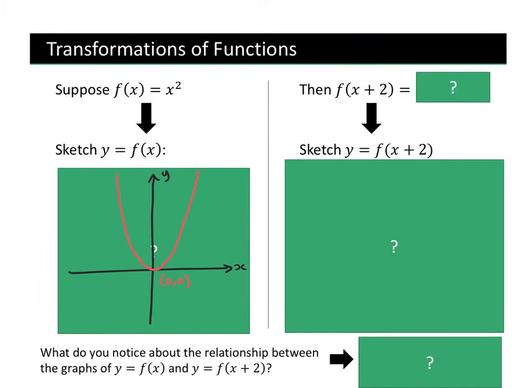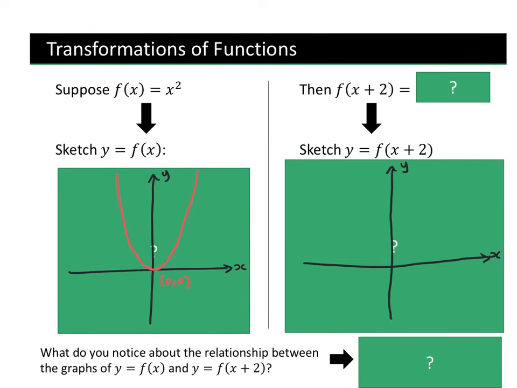Now, from GCSE, a lot of us will know that when we're sketching functions, it doesn't matter what the function is, our starting function is this graph. Now, f of x plus 2, because it's inside the bracket, only affects the values of the x.